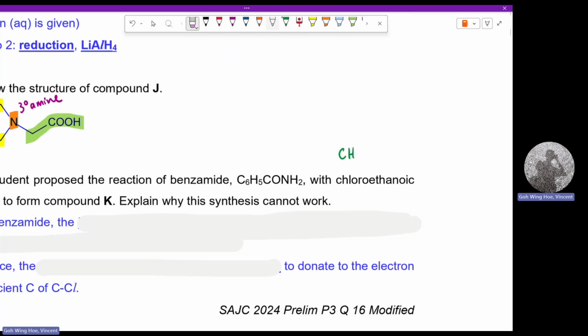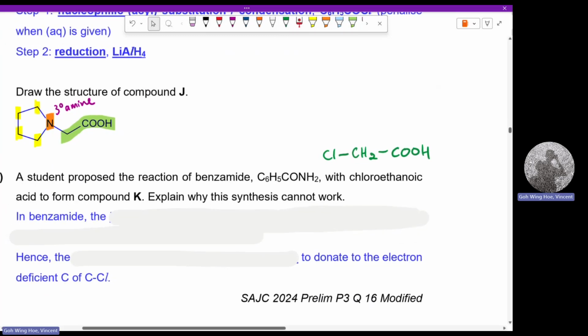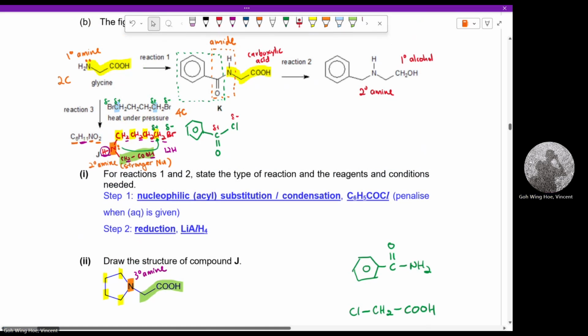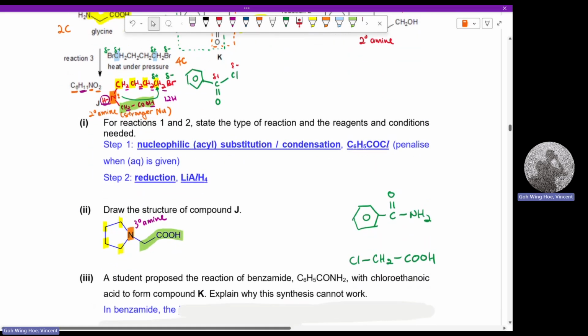Maybe I just draw it out. Okay. And then you have a COH. And then your benzamide has a structure that looks like this, right? C double bond O, and then an NH2. Okay, so your compound K has an amide bond being formed.